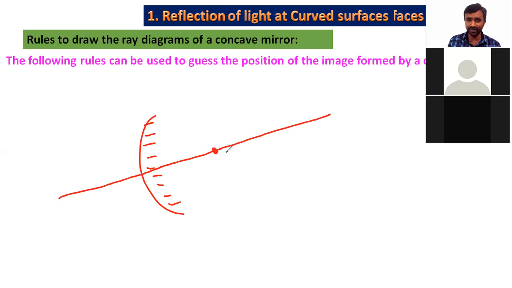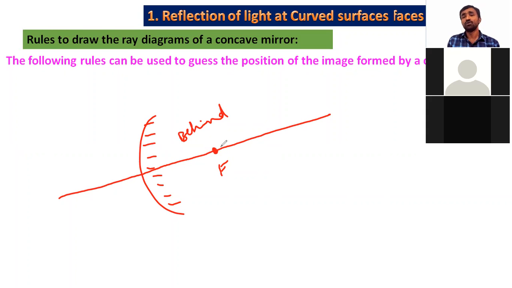Now rule 2 is passing through the focus. Is it possible? Not possible, because it is located behind the mirror. So how can it be incident on the reflecting surface from the back side of the mirror? Impossible. So it is not passing through the focus.